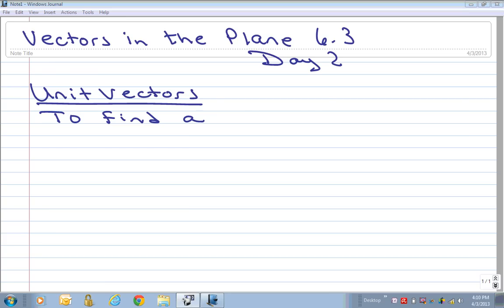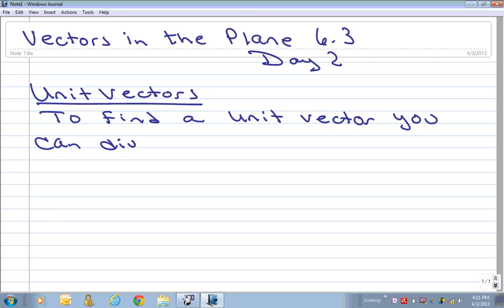Sometimes that's a very useful piece of information that we need. To find a unit vector, you can divide the vector by its magnitude.